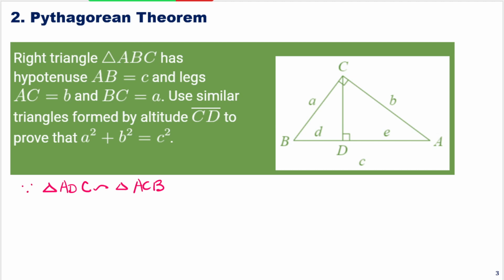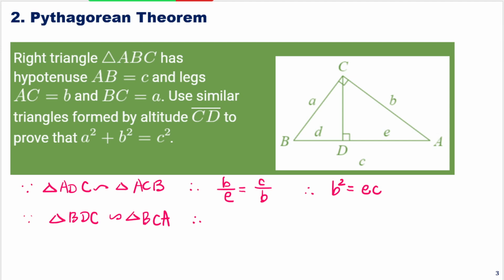Therefore, we have B over E equals C over B, and then we have B squared equals E times C. And similarly, triangle BDC is similar to triangle BCA, and therefore we have A over D equals C over A, right? So we have A squared equals C times D.